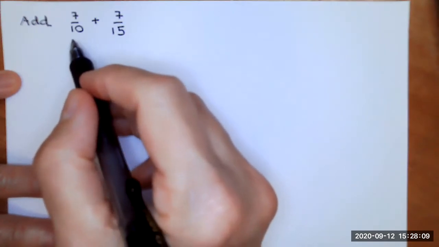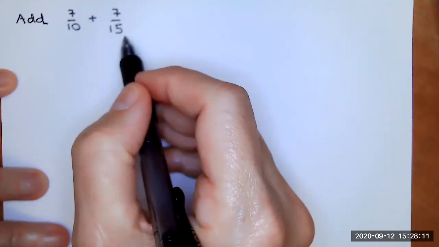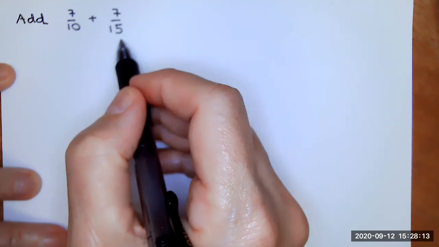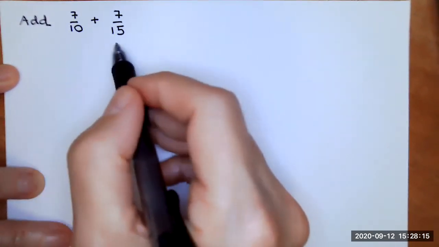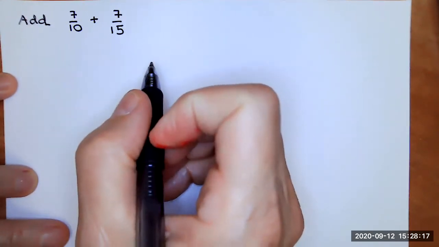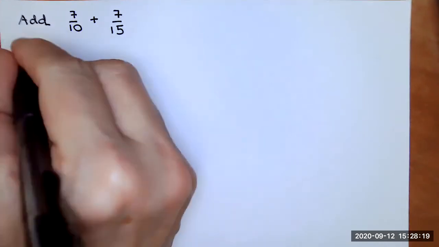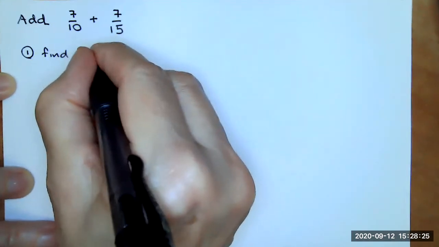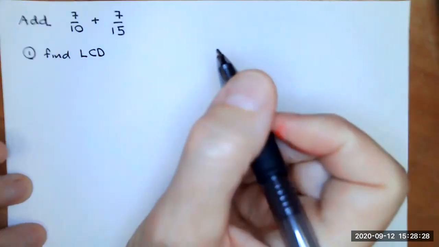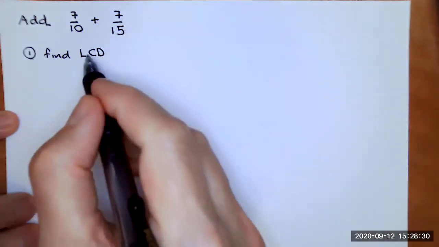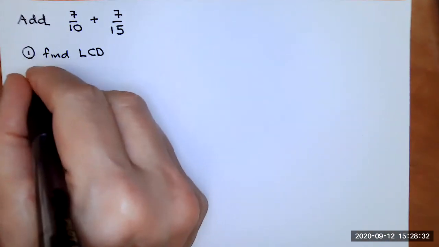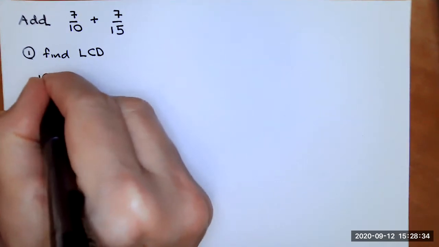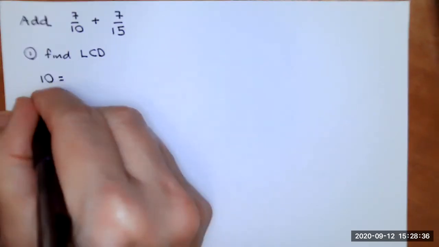All right, let's add 7 over 10 and 7 over 15. And this will be a good place to pause and try it on your own. All right, so the first step is to find the least common multiple of all the denominators, which is called the least common denominator. So the numerators just go along for the ride at this point.